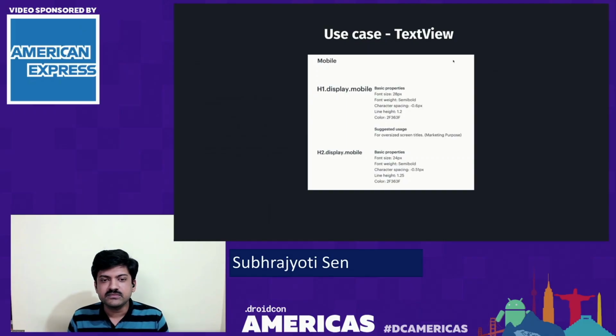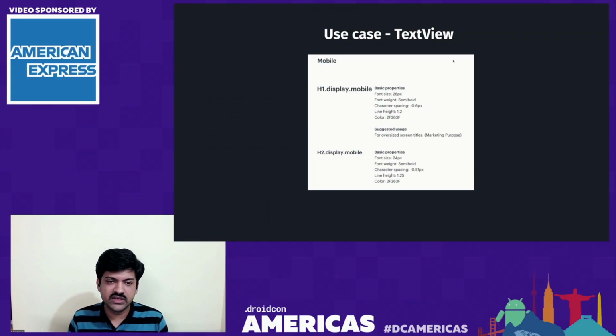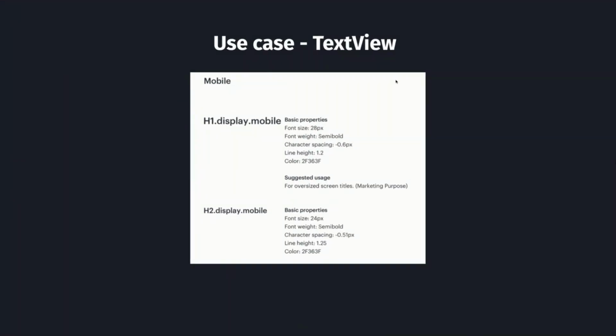But our use case was that we wanted to specify a style for every text view that we had. And in case a developer missed it, we wanted a way to inform them so that it didn't have to go to the pull request phase for the to and fro to happen. They would be informed that they missed out a style in one place and that they should be applying a style there. So now we'll take a look at how exactly we constructed that lint rule.